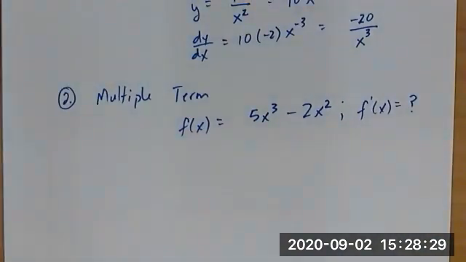We want to now take the derivative of this function. The nice thing is, when you're taking a derivative of a function with multiple terms, you can just take the derivative one term at a time.